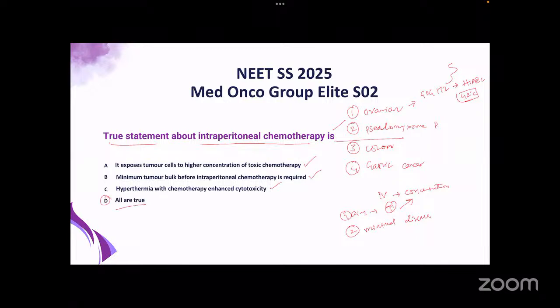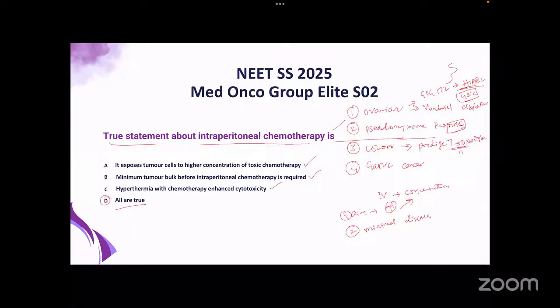Also remember the other important trials for HIPEC and the drugs used. Ovarian cancer: the trial is the OVHIPEC trial, and the drug used is cisplatin. Pseudomyxoma peritonei: a randomized trial is currently going on, but there is a lot of anecdotal evidence and phase 2 trials where mitomycin C is used. So for pseudomyxoma, the chemo used is mitomycin C. For colon cancer, the trial is PRODIGE 7, and oxaliplatin was used.